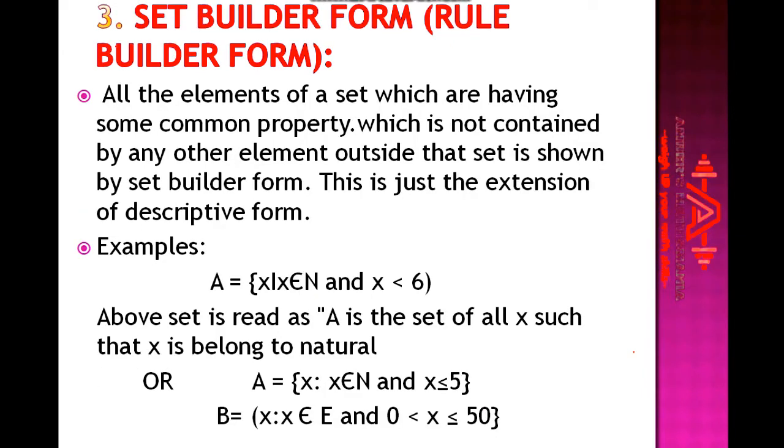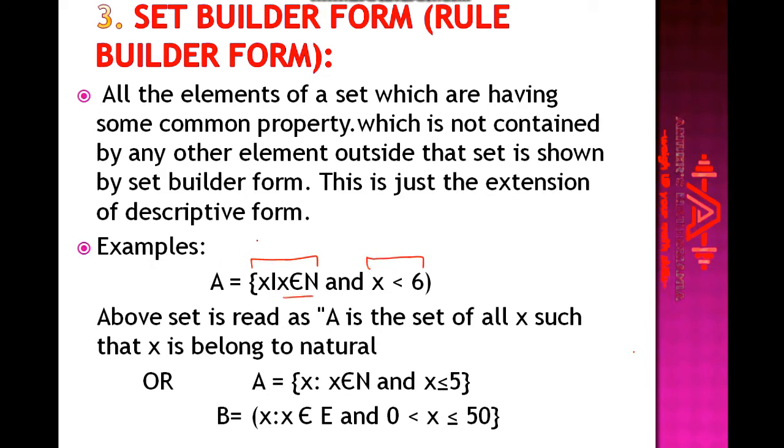Now the third one is set builder form, or we can say rule builder form. In set builder form, all elements having a common property, which is not shared by any other element outside that set, is shown by a set builder form. It is just the extension of the descriptive form. Let's understand this with an example. This set builder form has 2 parts: one is the belonging part, the other is the range part.